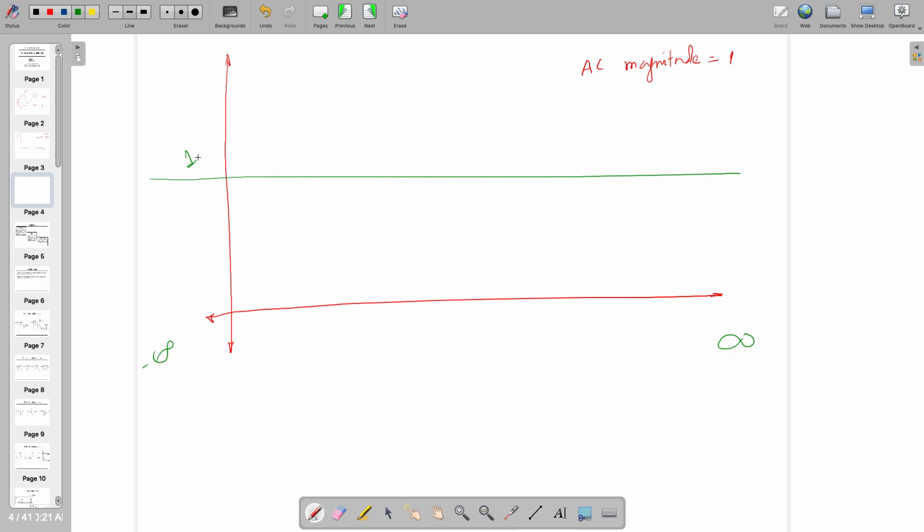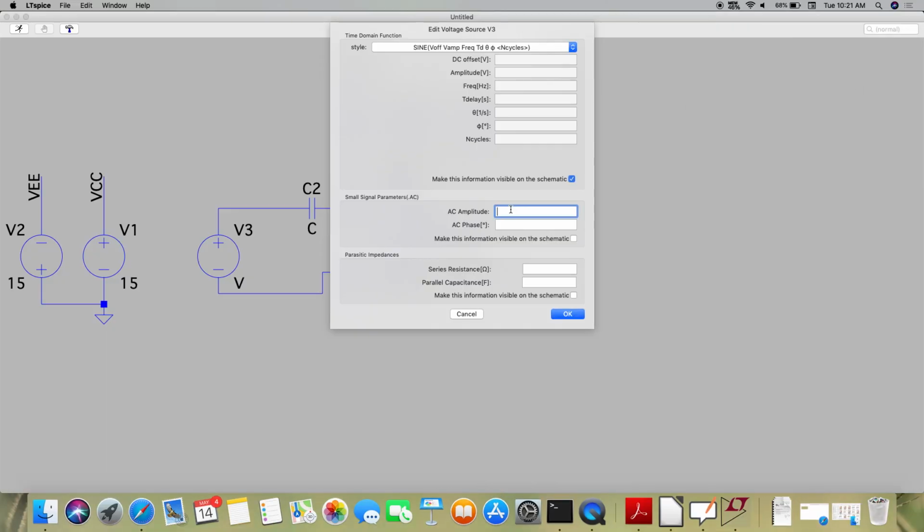Afterwards, if it is passing through some circuit, your output might be low pass, high pass, band pass, and you can analyze its UGBW and other things. So if I'm interested in finding out the AC response, I can give here AC magnitude equal to 1, AC phase equal to 0, because that is the input side, and then done.